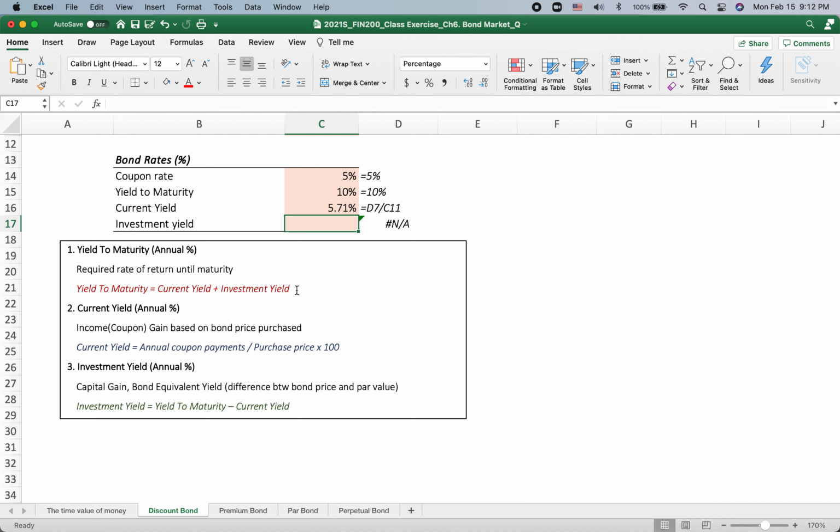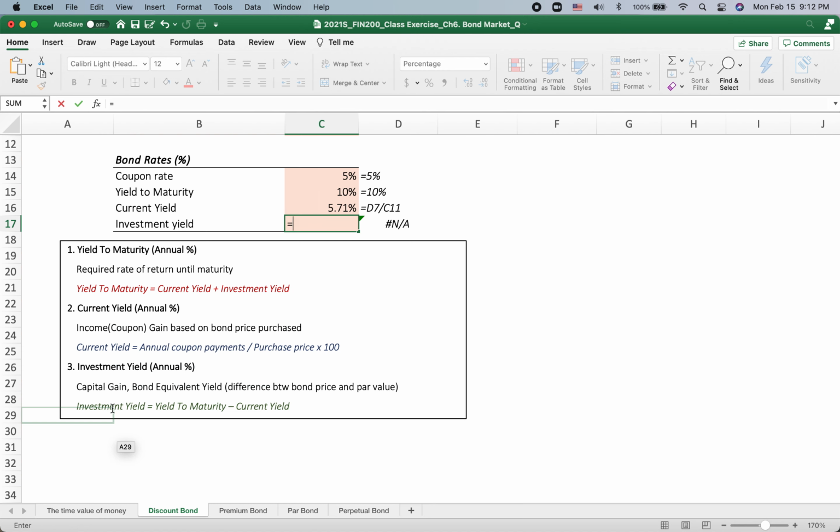If you get a higher selling price than the purchase price, then the investment yield will be positive. But if you purchase at a higher price than the selling price, then you will receive negative investment yield. But in this case, how to get it?